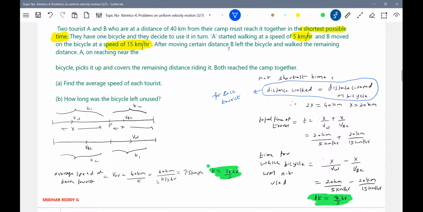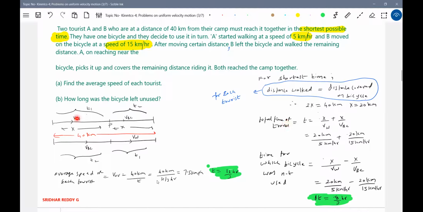How much distance you walk, that much distance you should go on bicycle. The total distance is 40 kilometers. Therefore, 2x should be equal to 40 and x equals 20 kilometers.